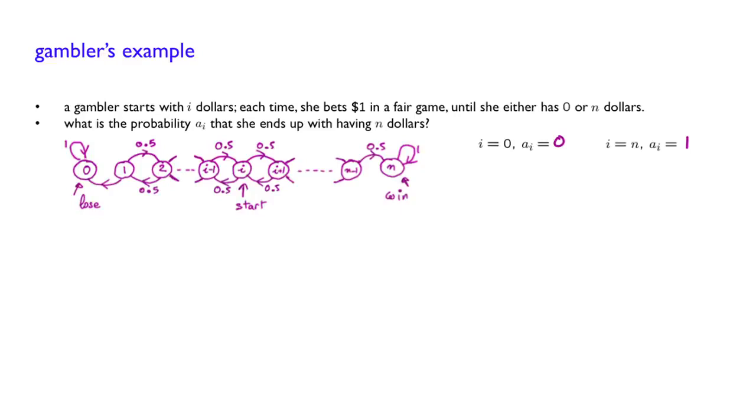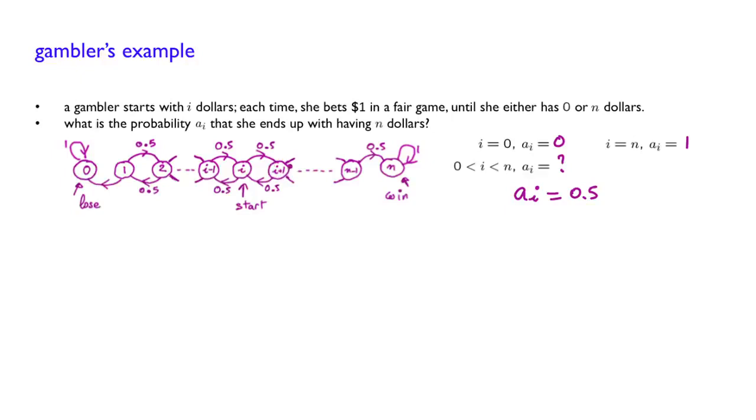Now, of course, what is of interest is if i is strictly between 0 and n, and now the question is how to calculate that probability. And we have seen that the way to do that is to look at the situation and say, well, let's assume that you are in state i, and what will happen next? Well, with a probability 0.5, you will move to the state where you now have i plus 1 amount of money.